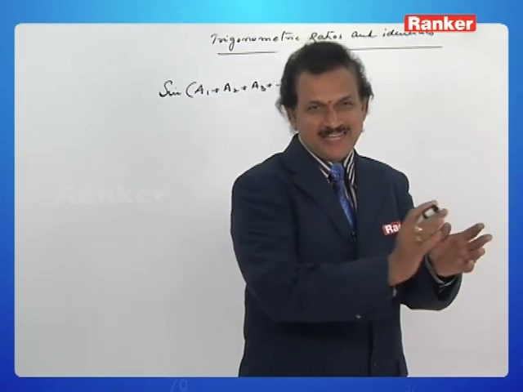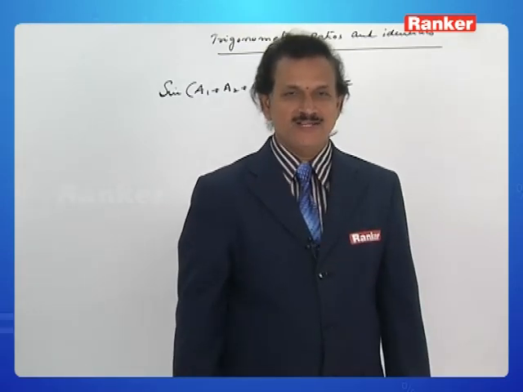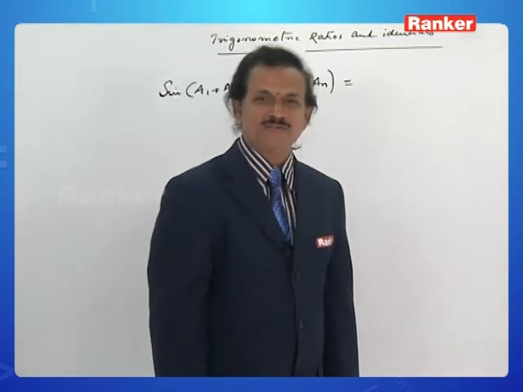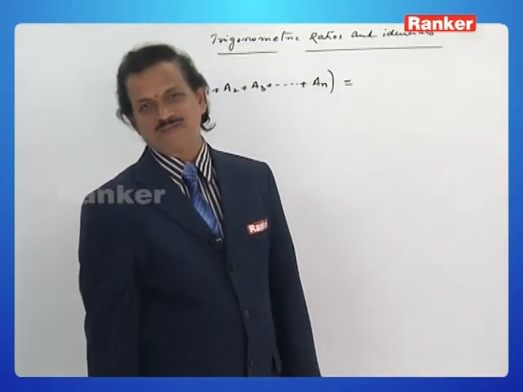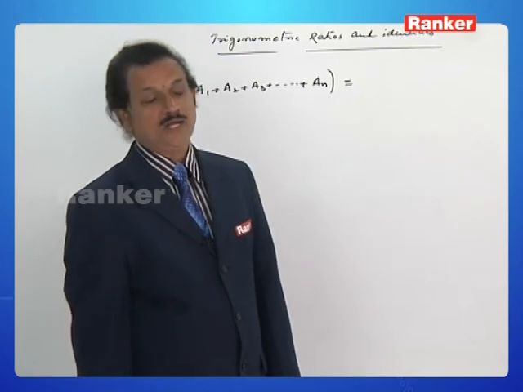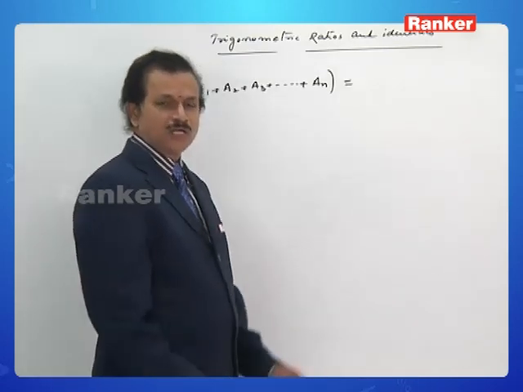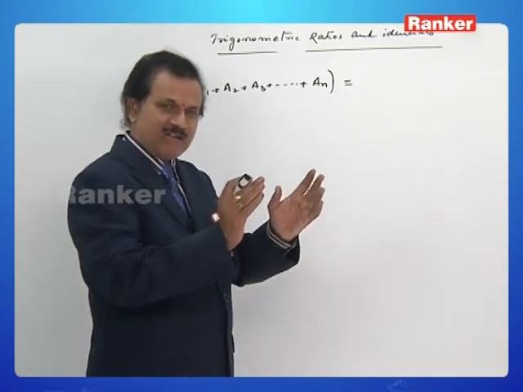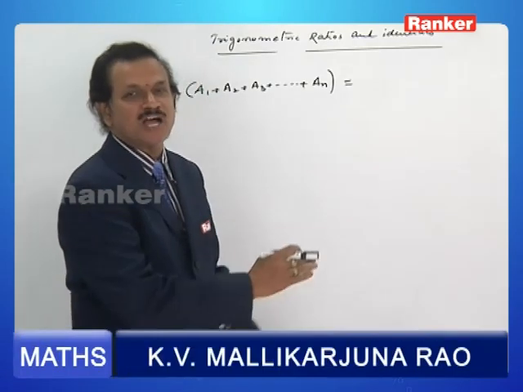Cos A cos B cos C into tan A plus tan B plus tan C minus tan A tan B tan C. So in every such thing, you are able to obtain product of cosines of the angles as a common factor.